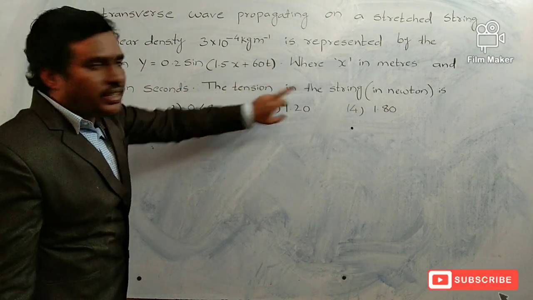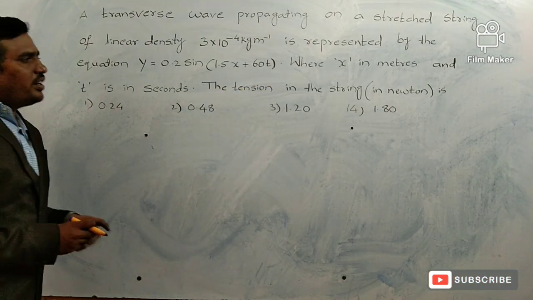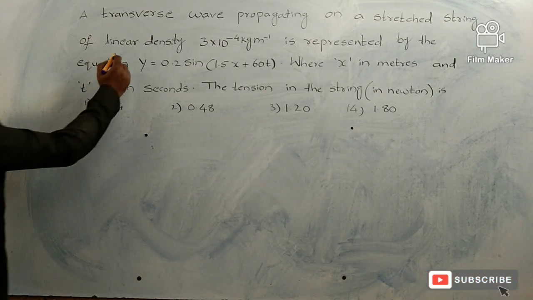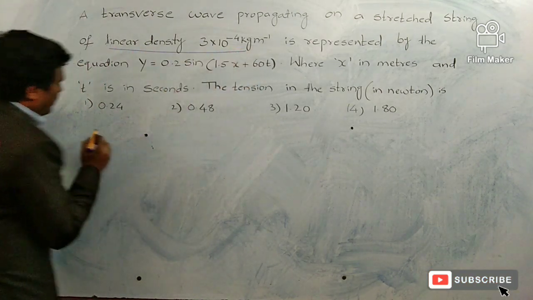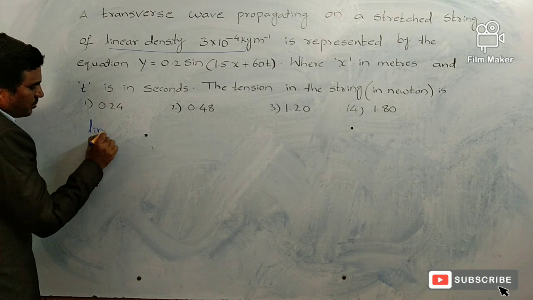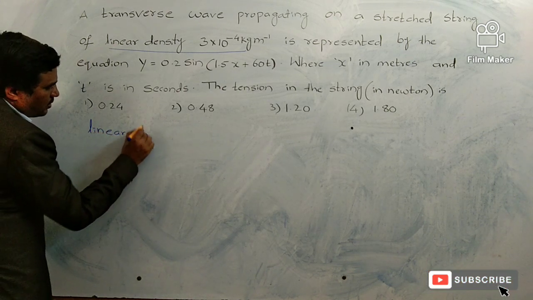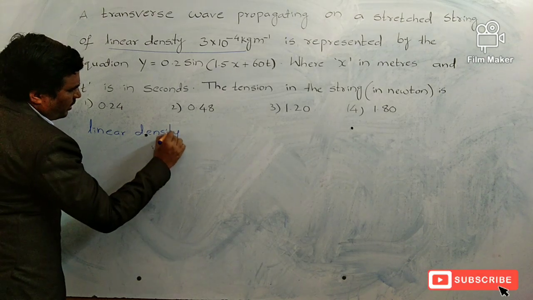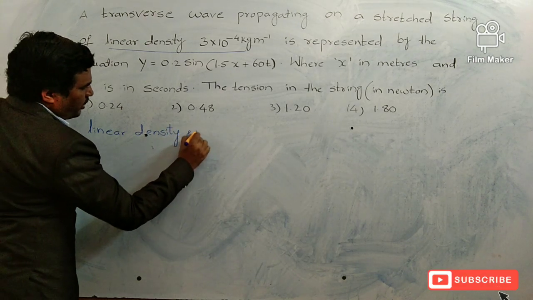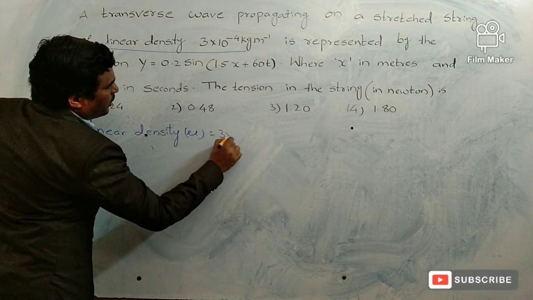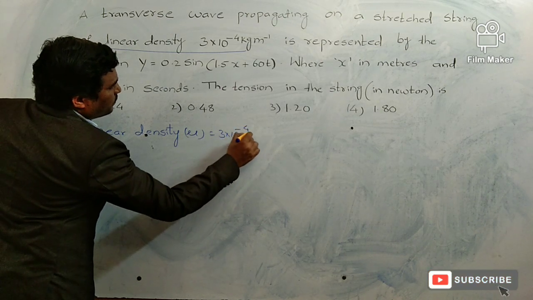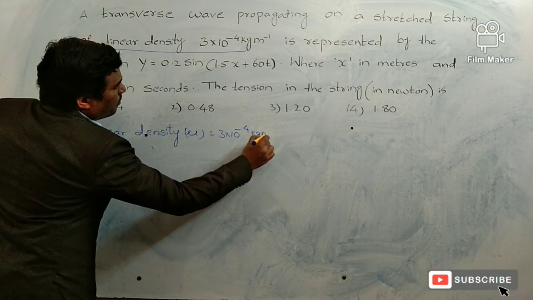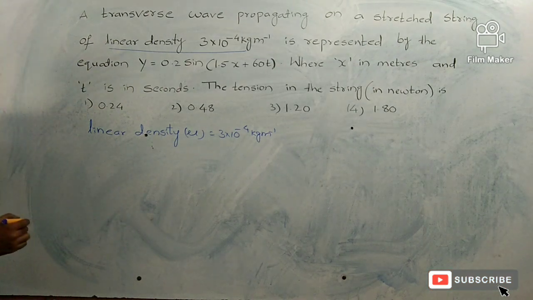The tension in the string is, here we have to find out the tensional force. What is given? Linear density, mu equals 3 into 10 to the power of minus 4 kilogram meter inverse.